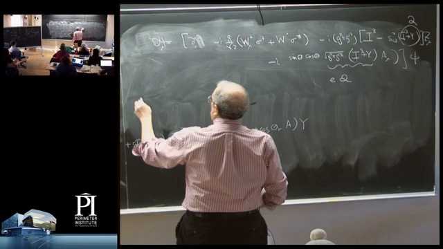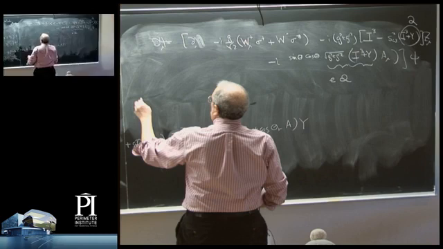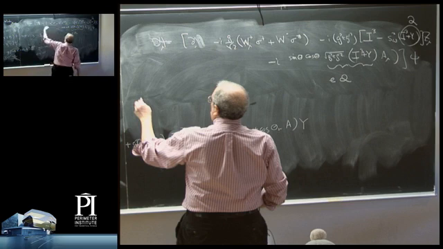And now I can write a rather simple form for this Lagrangian. So first of all, something that raises and lowers within a doublet, provided that the thing has isospin a half.